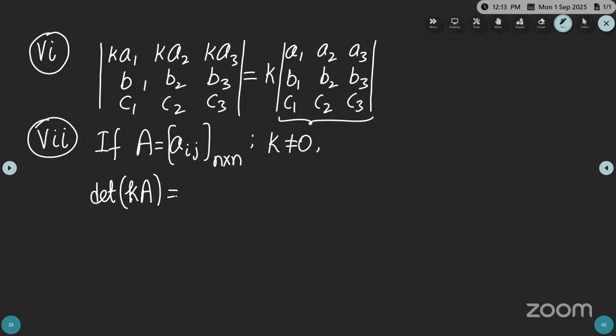From the first row you can take one k out, second row another k, third row another k, nth row another k. Totally k power n into determinant of A. K is a non-zero scalar, k must not be 0. Clear? Next.